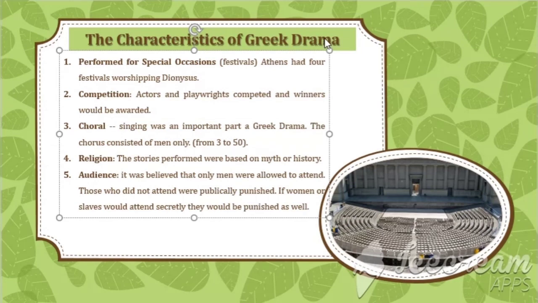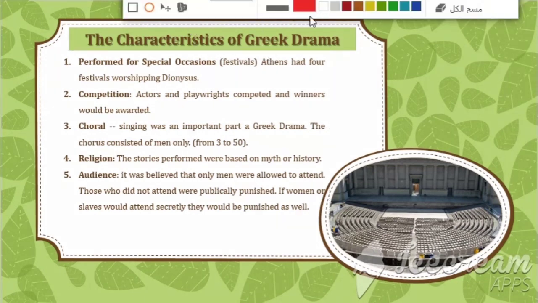So to sum up all the things we have discussed, we should know the characteristics of Greek drama. Greek drama, or the plays, were performed for special occasions. As I said, there were festivals going on, which included competitions between the playwrights.